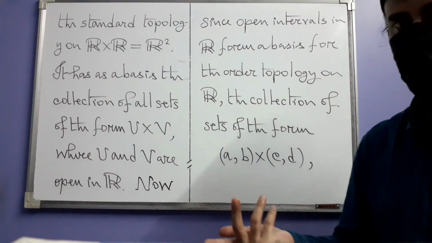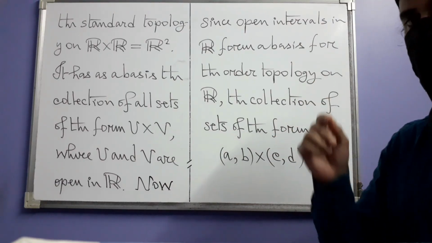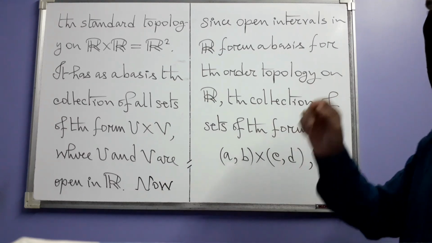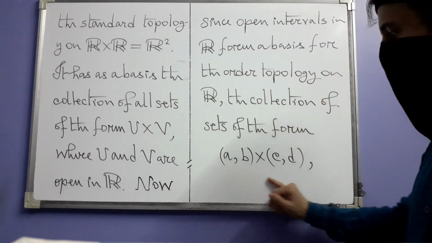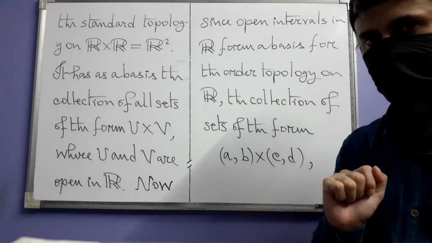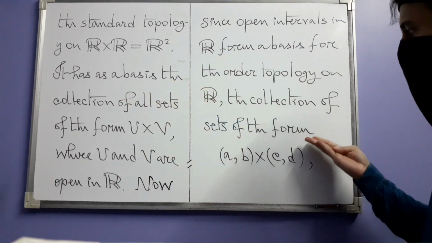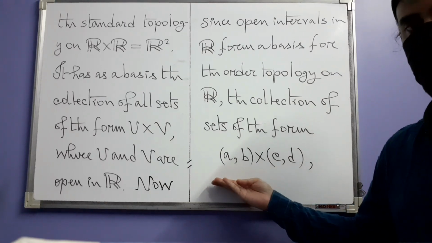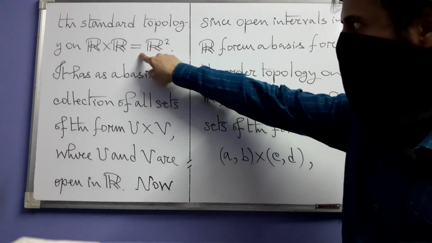There may be many bases for the order topology, but the open intervals by definition form a basis for the order topology on R, and that is why we can consider products of open intervals, and by the result we proved just now, the collection of all sets of this form will be a basis for the topology on R2.